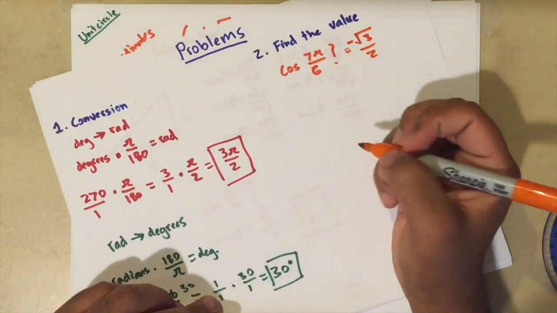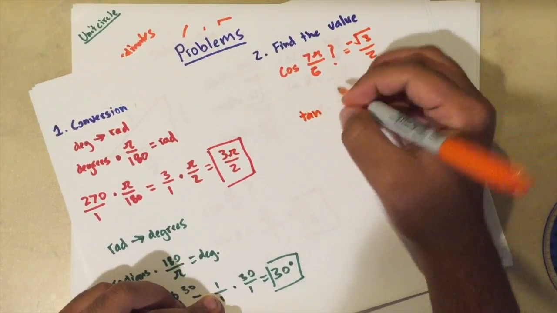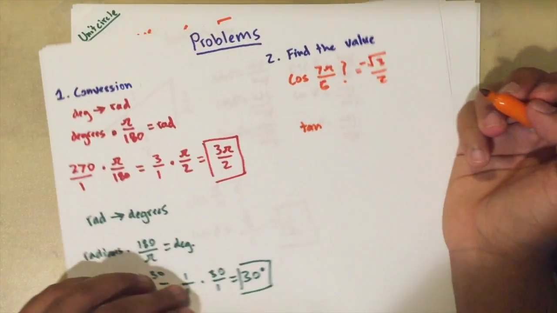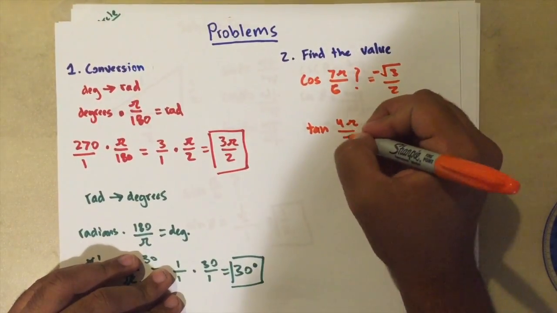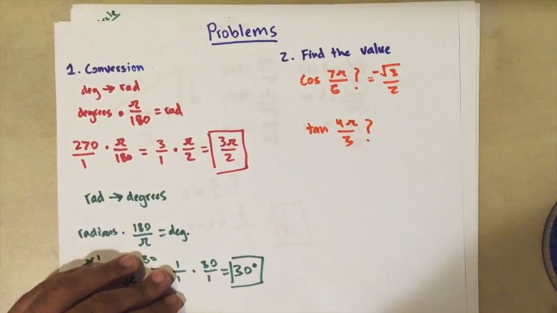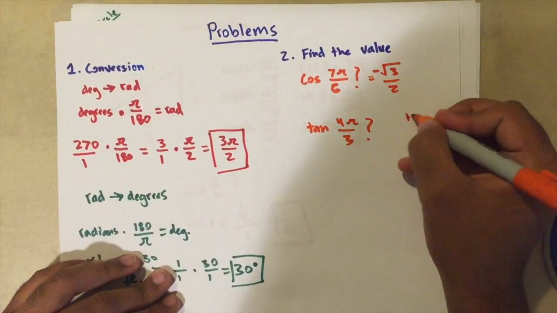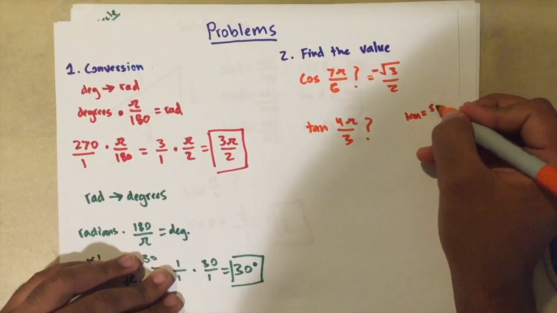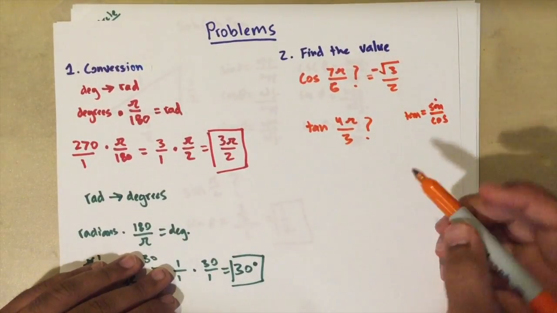And if we were to do one more example like that, a little bit trickier example would be, for example, tangent of, let's say, 4 pi over 3. What would that be? And since we know that tangent is essentially sine over cosine, we can use that to our advantage.